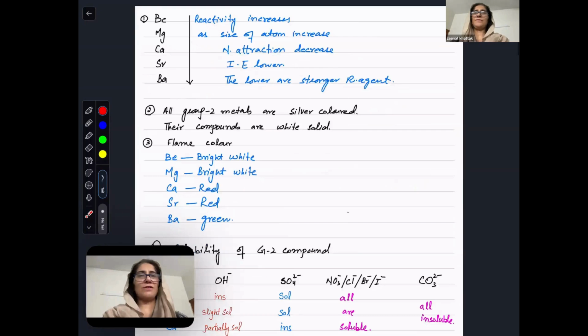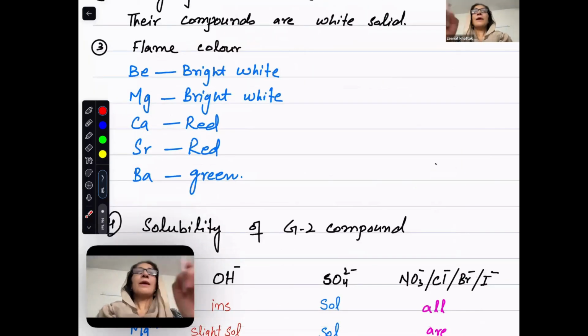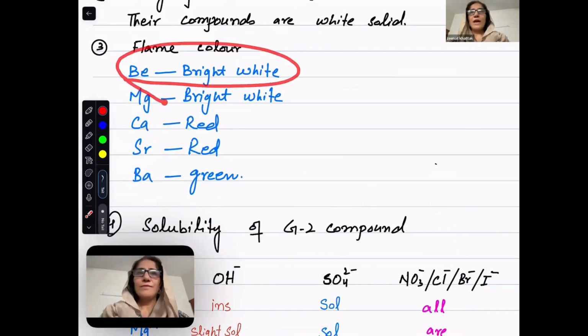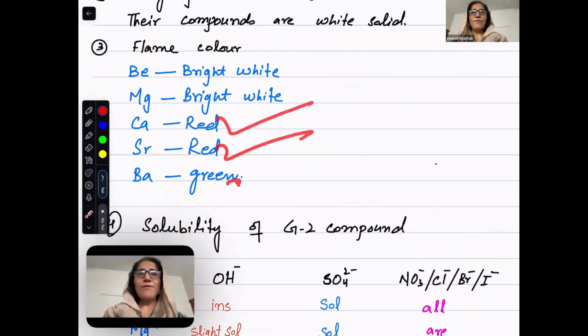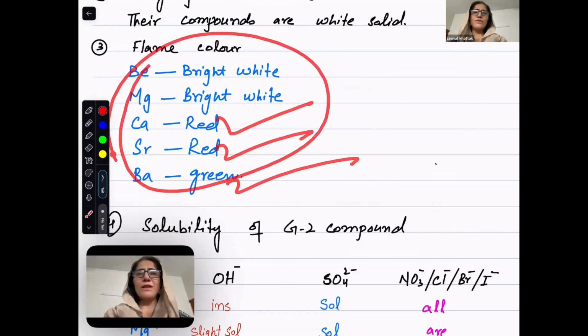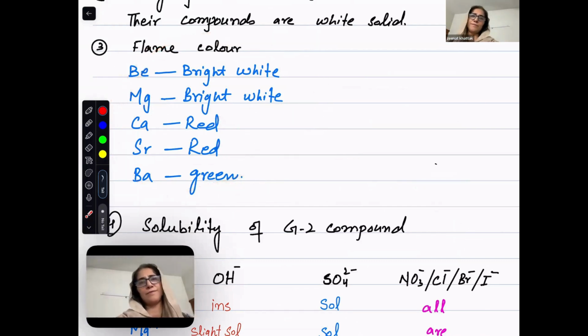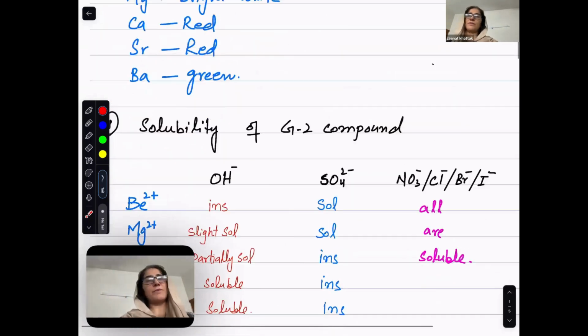Flame colors: beryllium, bright white flame. Magnesium, bright white flame. Red flame, green flame, right? You must know the flame colors, and then the solubilities.